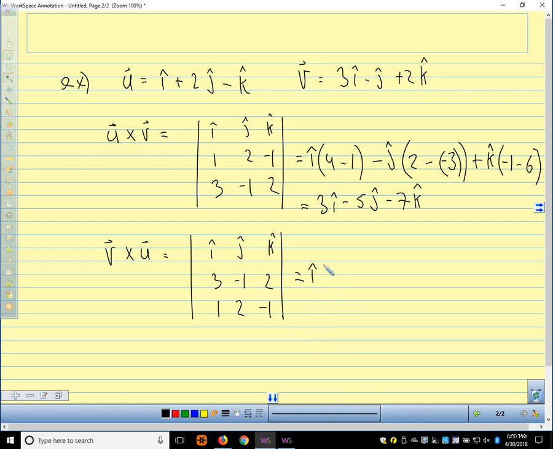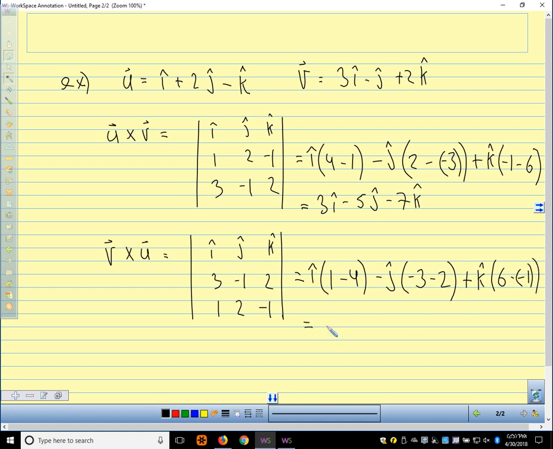We get i hat times, cross out that column, that row, 1 minus 4, minus j hat times negative 3 minus 2, plus k hat times 6 minus negative 1.